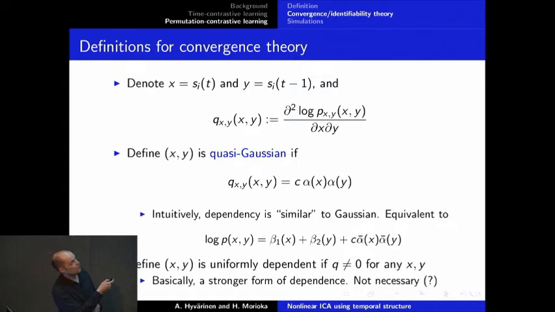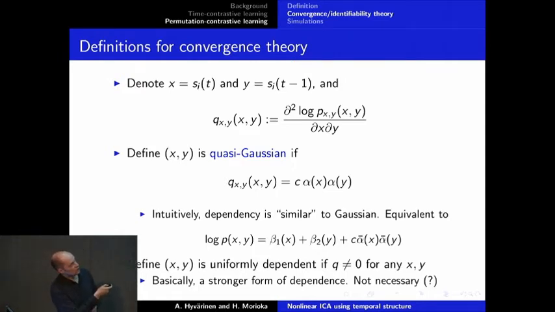Now we define that the random vector is quasi-Gaussian if this cross derivative can be expressed in a factorized form where we have the same function of x as we have of y. And then obviously we define that the time series is quasi-Gaussian if this is true for all possible windows.